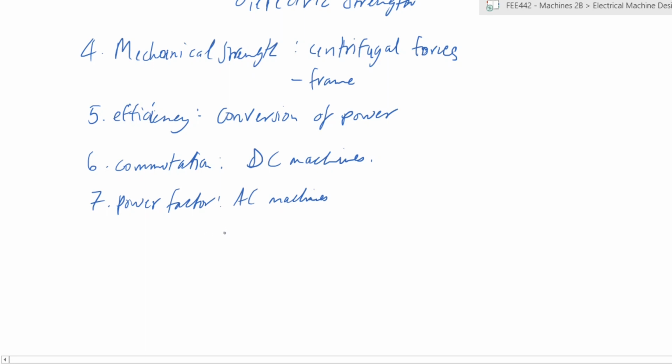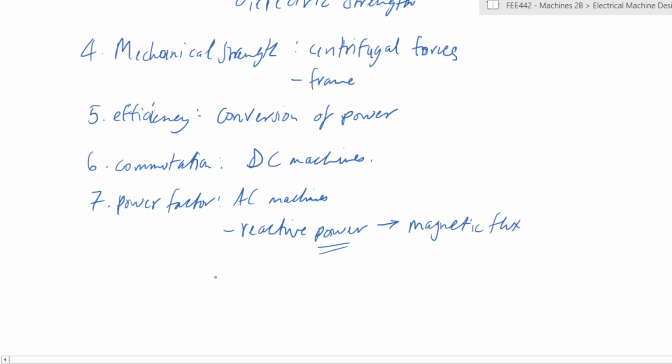Power factor determines the amount of reactive power that is used in setting up the magnetic flux in AC machines. So if you require a very high magnetic flux, you would need very high reactive power, and therefore you would tend to have a low power factor.